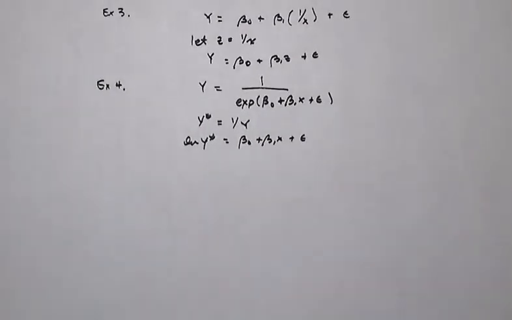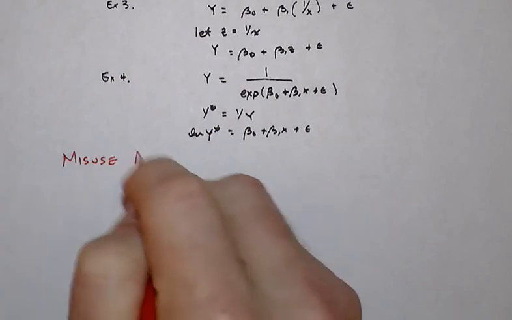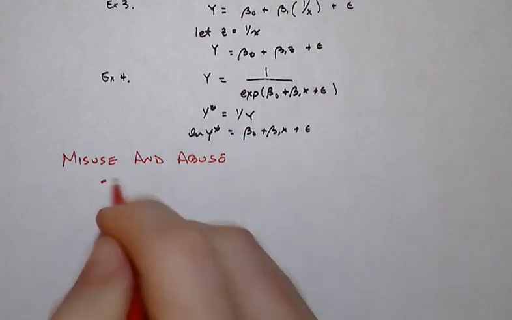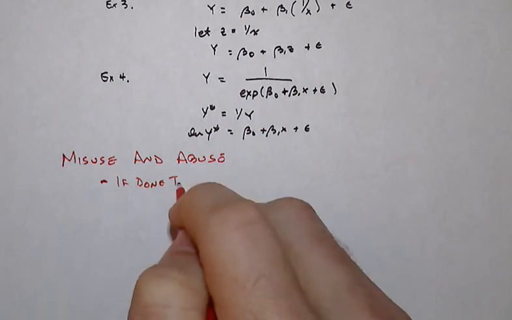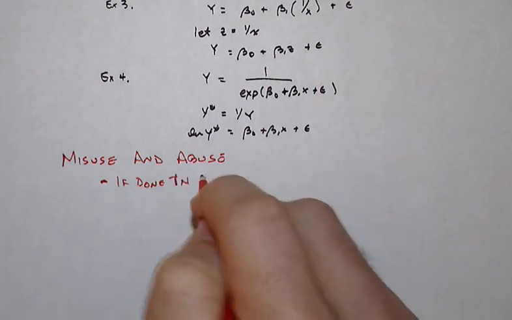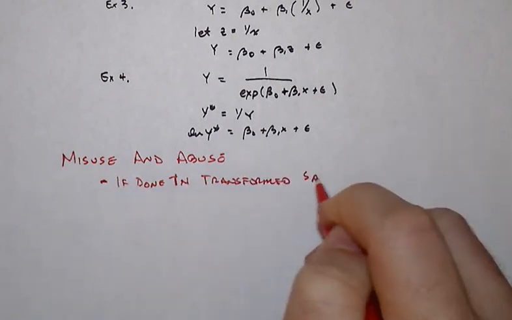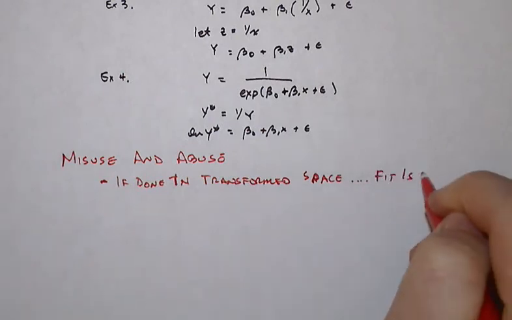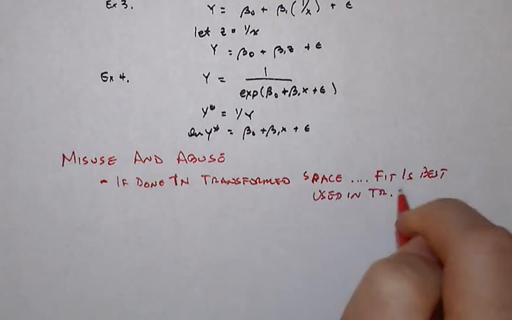And that's the last little piece here that I want to talk about, is this misuse and abuse. And the first one being one we've just already done, that if done in the transform space, the fit is best used in the transform space and not back in the original space.